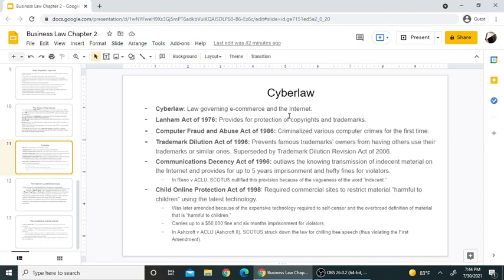It had a lot of provisions that basically required companies to self-censor and restrict access to material that's supposedly harmful to children using the latest technology, but it was struck down because a lot of companies couldn't really afford that, and also because it potentially chilled free speech.